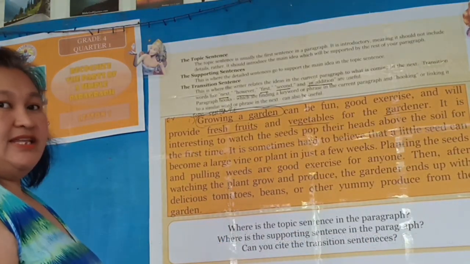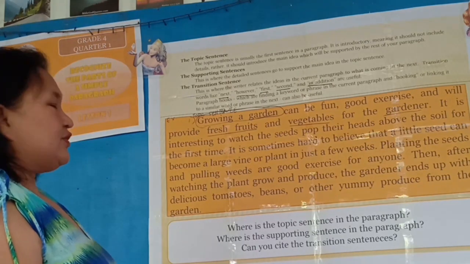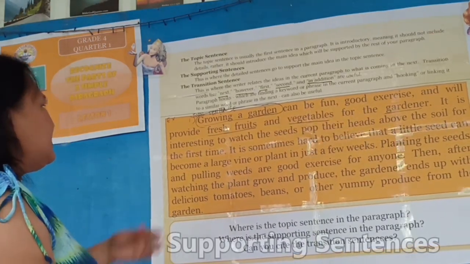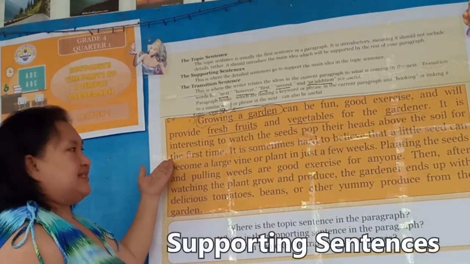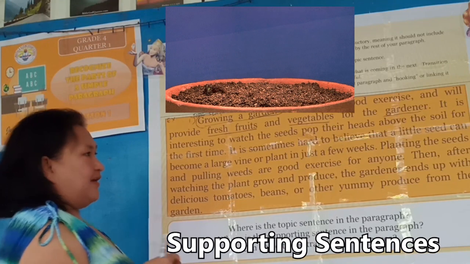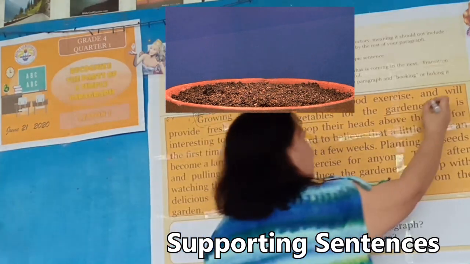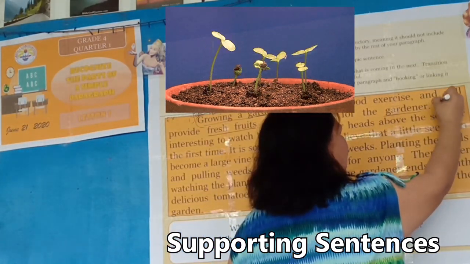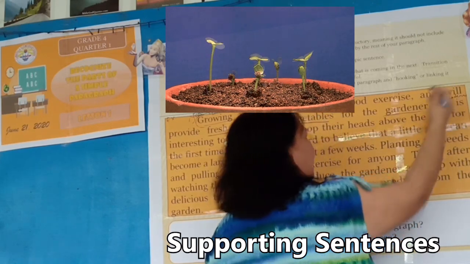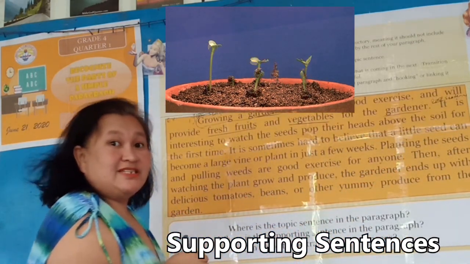Now, let's read the second or supporting sentence in this paragraph. It is interesting to watch the seeds pop their heads above the soil for the first time. The second sentence is related to the first sentence.